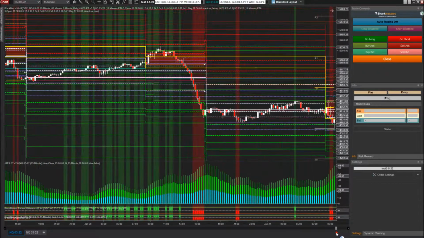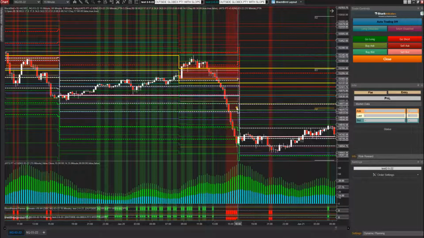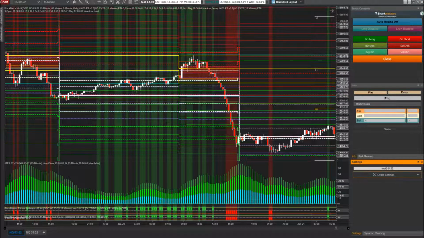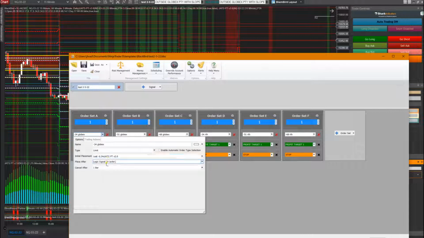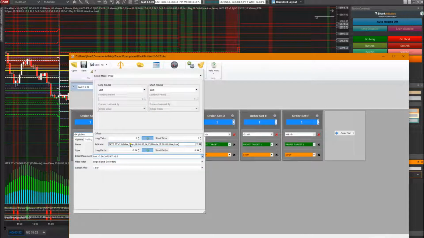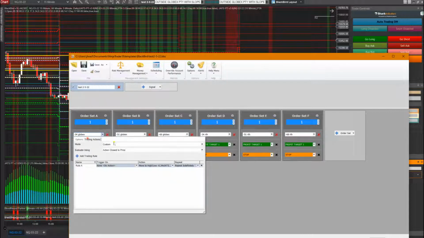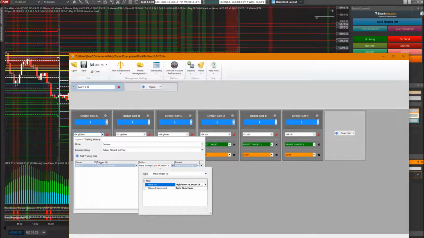And instead of entering on the market close, it's also requiring the bar to retrace. One thing I didn't show you is that on that bar retracing, I can also shift it to the high or the low of the bar.